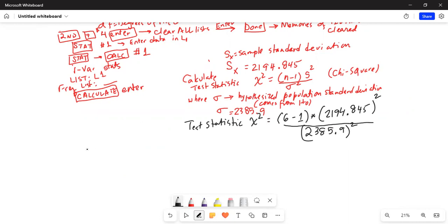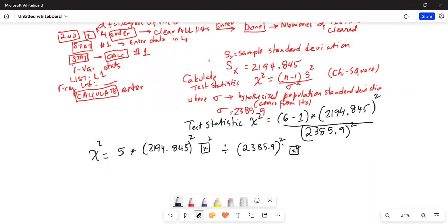So in our calculator, we will do chi-square is equal to 5 multiplied by 2194.845. Then press the x square button, which is in the first column of calculator keys halfway down, puts the exponent 2 on top of this, divided by, put a parenthesis, 2385.9, and then press the x square button again. This also puts an exponent 2 over here.